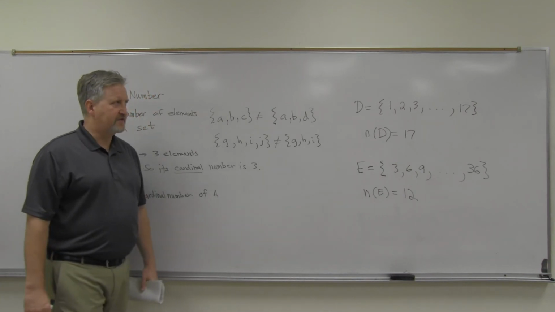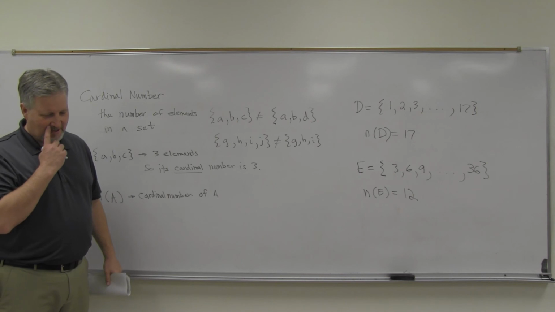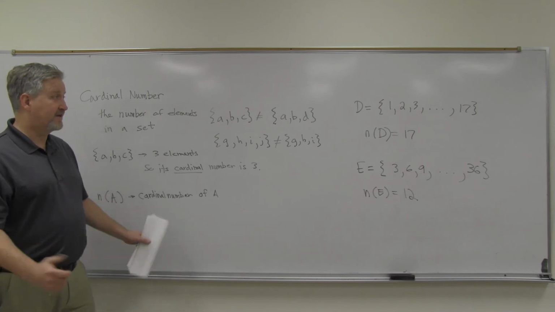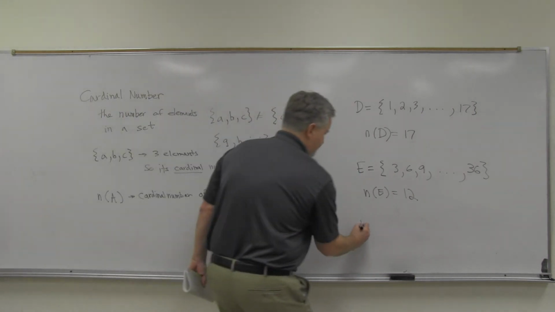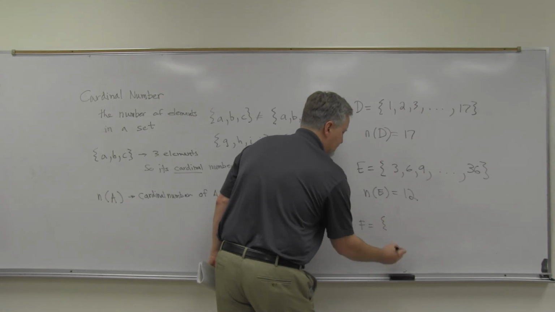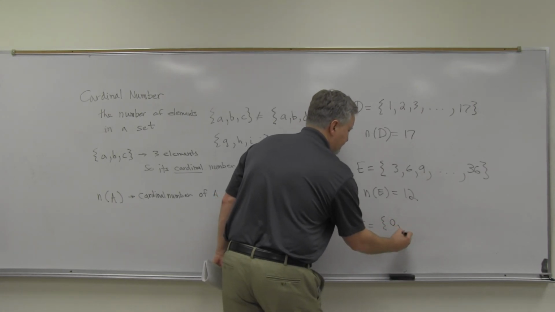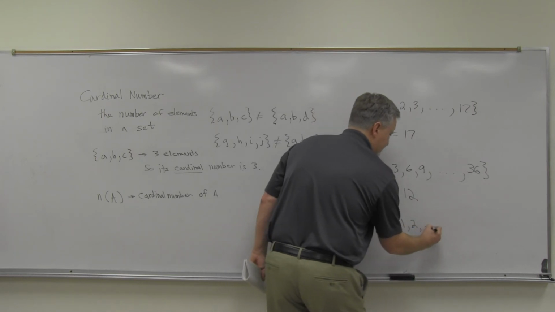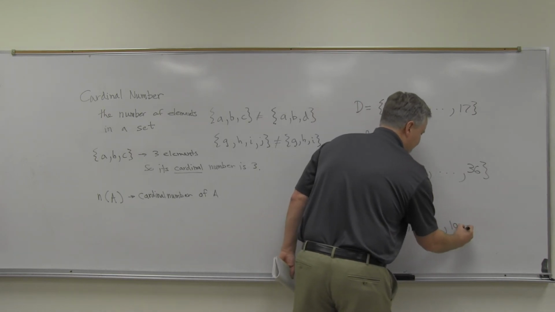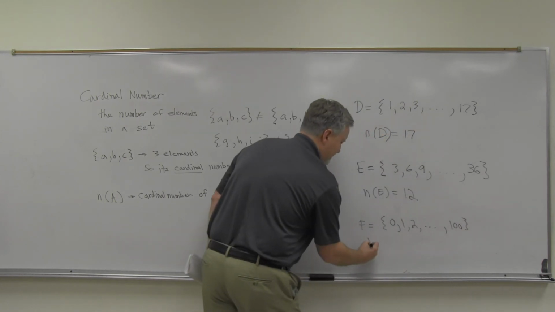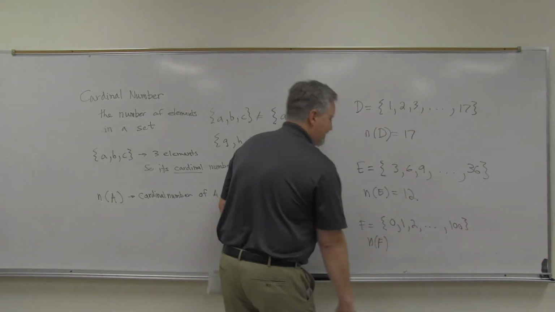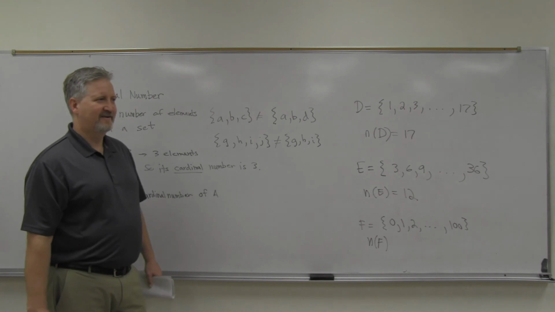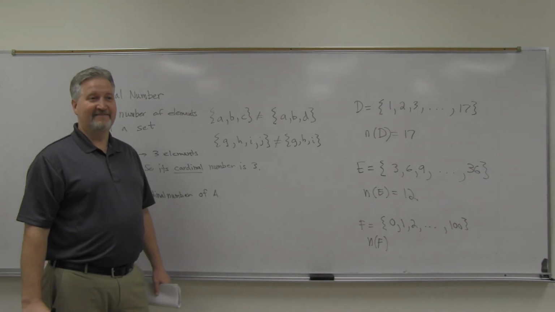All right, so that's cardinal number, and again, one other one. All right, so F. What's the number of F there? 101, isn't it?